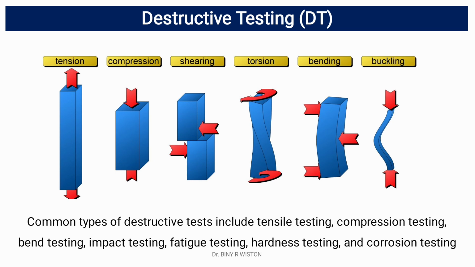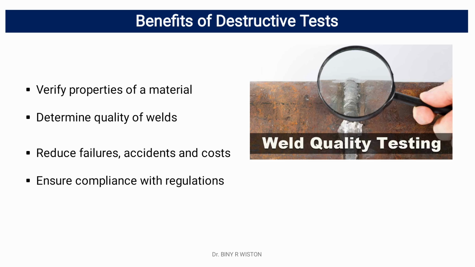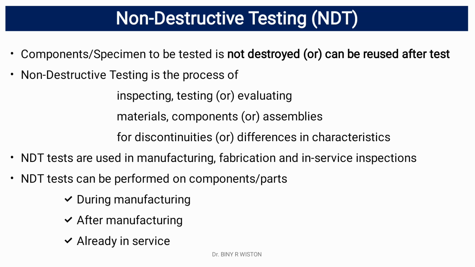Some of the destructive testing methods include tensile testing, compression testing, bend testing, impact testing, fatigue testing, hardness testing, corrosion testing, creep testing, etc. The benefits of doing destructive testing are verification of properties of a material, determination of quality of weld, reduced failures, accidents and cost, and ensuring compliance with regulations. Then we have non-destructive testing.